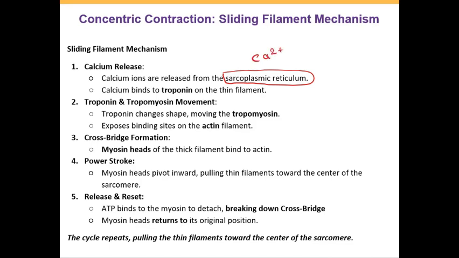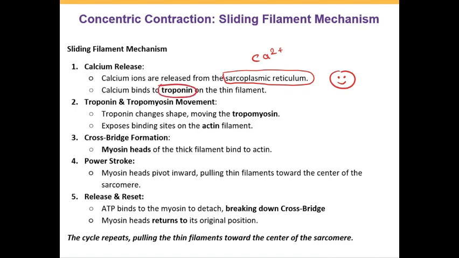Okay, so when calcium ion is released from the sarcoplasmic reticulum, guess who is going to be the happiest molecule in the world. If you said troponin, you're absolutely right.